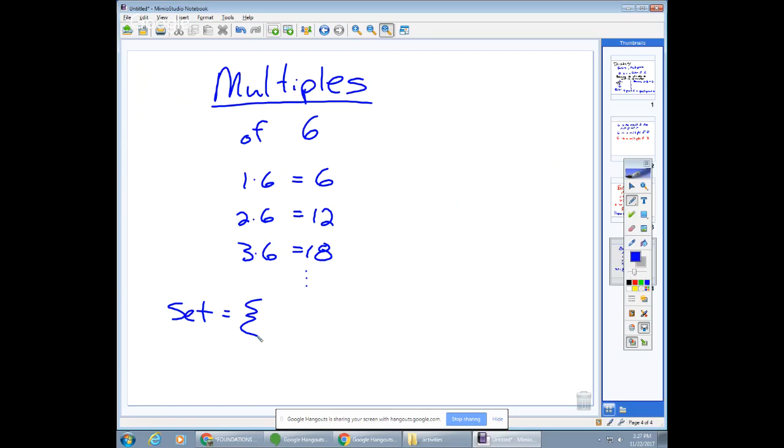With whole numbers, we could do 0 times 6, so 0 is technically a multiple of 6. But mostly we're going to stick with counting numbers. So I'm just going to start with 6, and then 12, 18, 24, and it just keeps going. So for any number, the set of multiples is infinite.